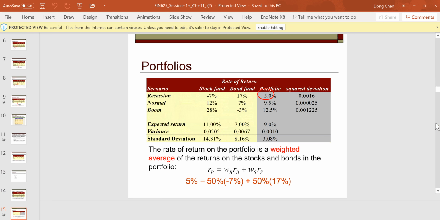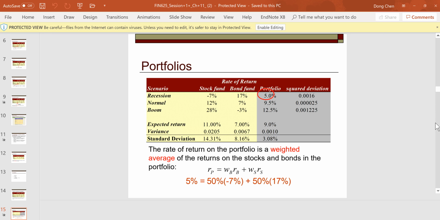The return on a portfolio is the weighted average of the returns on the individual assets within that portfolio. So RP is the expected return of the portfolio, and RB is one asset. RS is the expected return of another asset. WB is the weight on the first asset, and WS is the weight on the second asset.